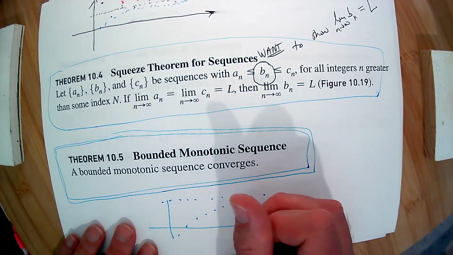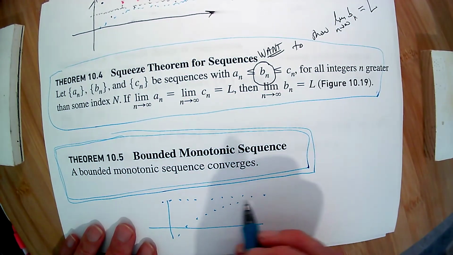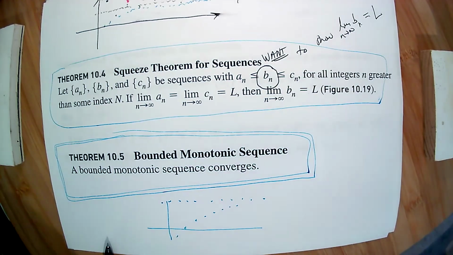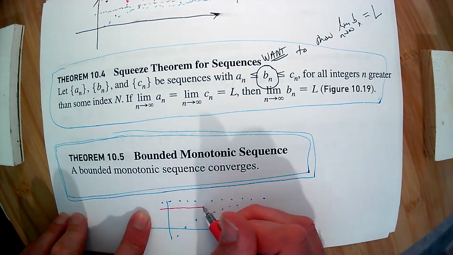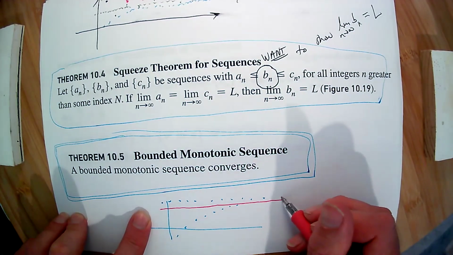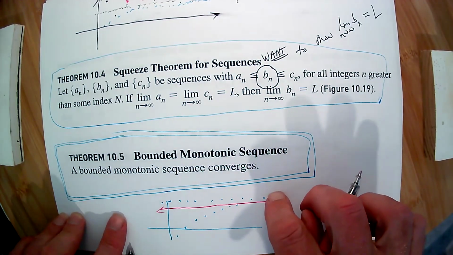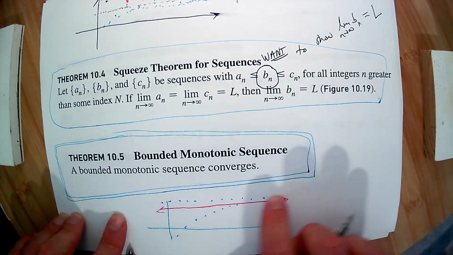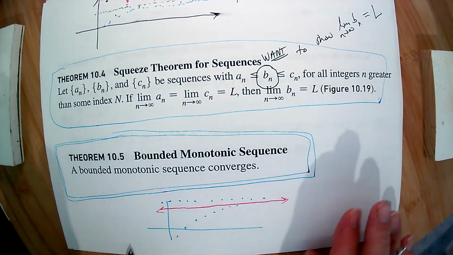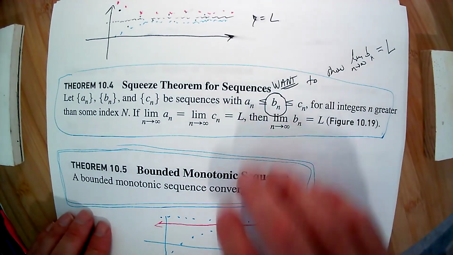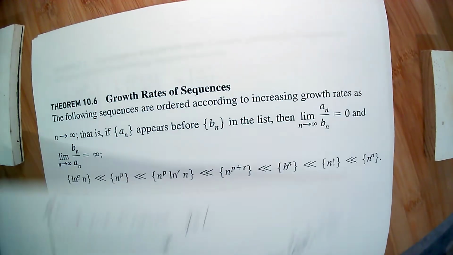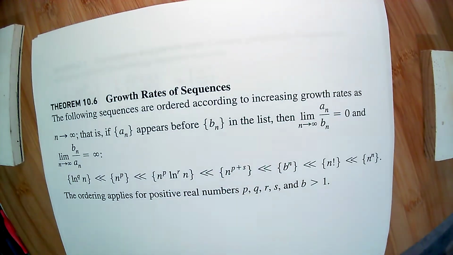It's always increasing, but it never goes up above a line. That means that it must level out to some value. It doesn't have to be that one upper bound right there. It could be a bound like right here, for example. But if I know it's bounded above and increasing, it has to approach a limiting value somewhere, okay? These are both really important analytic tool thoughts, okay? All right.